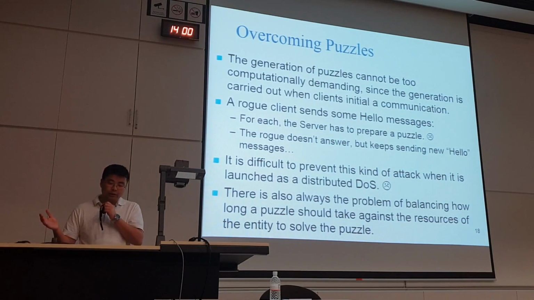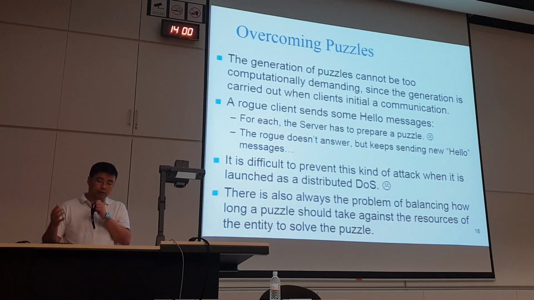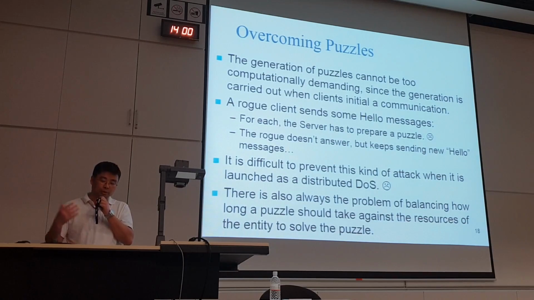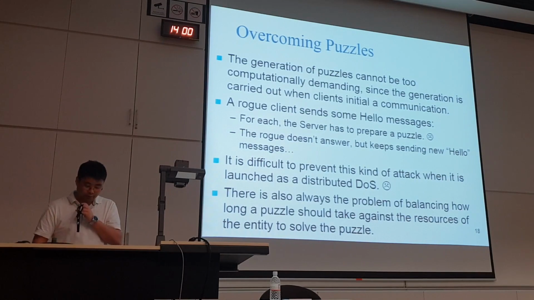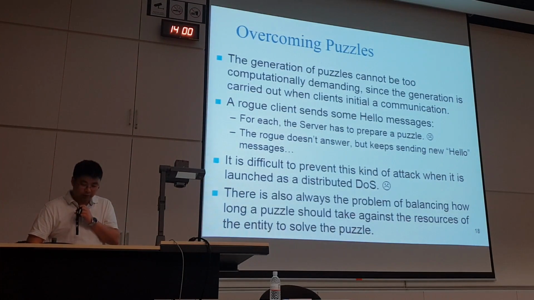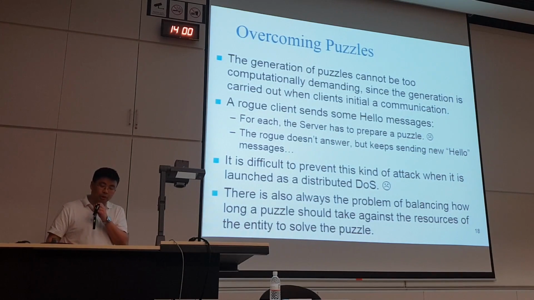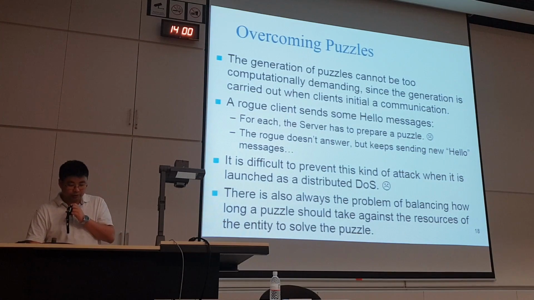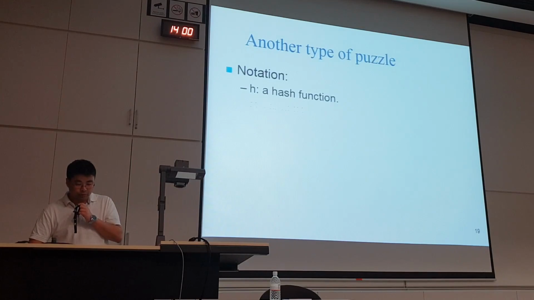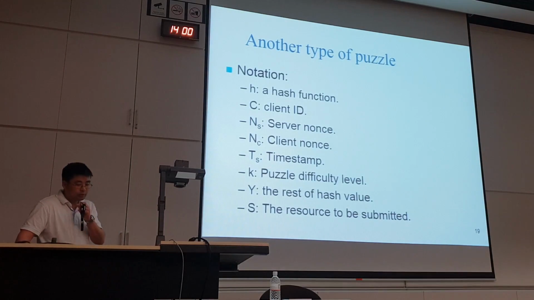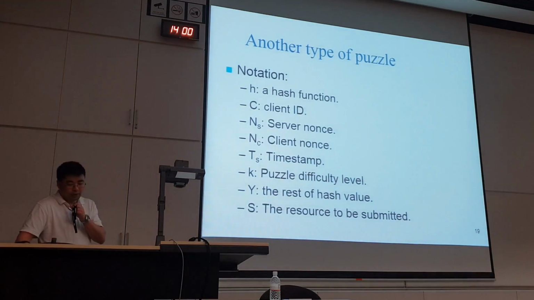But in general, if we can only handle, say, 1,000 TCP connections, with client puzzles maybe we can handle 10,000 client puzzle connections. So the chance that the attacker can overwhelm the server is smaller, because we require fewer resources for the generation and verification of the client puzzle.